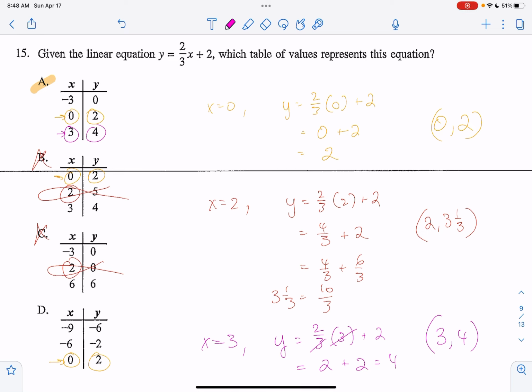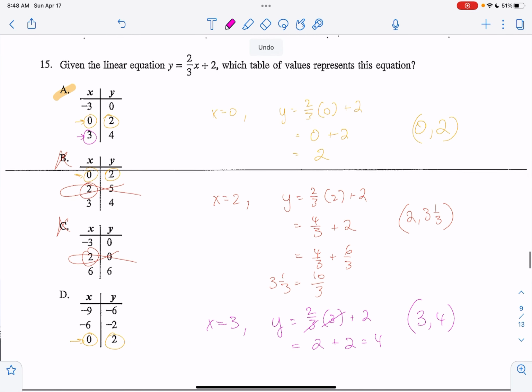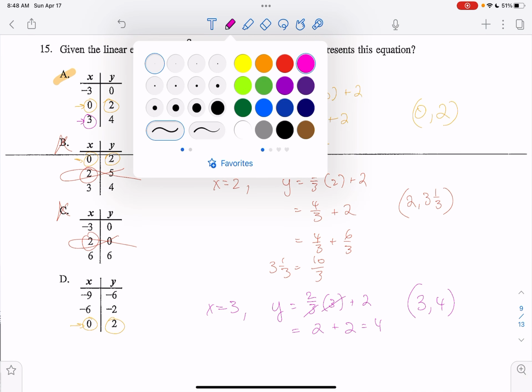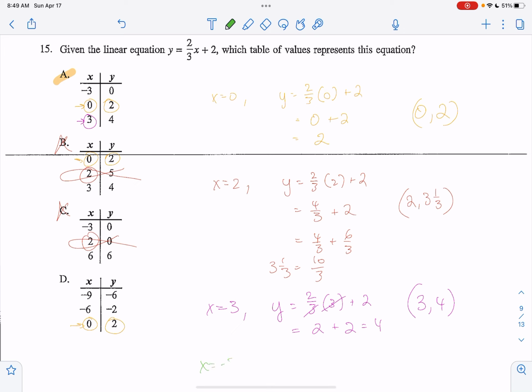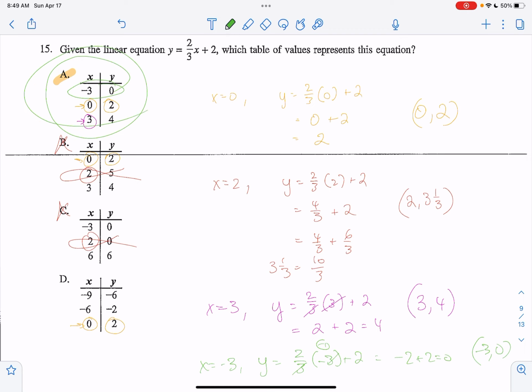Now the next number you can try is -3, just to double check everything. So y is equal to 2/3 times -3 plus 2. And this would be -1 times 2, which is -2 plus 2, or 0. So this is -3 comma 0. And A works out, so everything in A has to be it because all 3 points work.